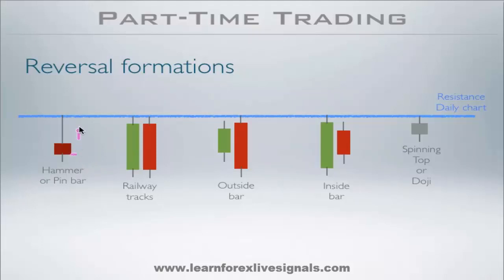How is that? Because you are already recognizing the hammer formation banging onto that level of resistance, signifying heavy rejection, and you know that statistically the chances are that the next move is going to be to the downside. So you don't really wait for confirmation of this pin bar. As soon as the bar closes, and the next bar opens, which happens immediately after, that's where you click on your sell button.